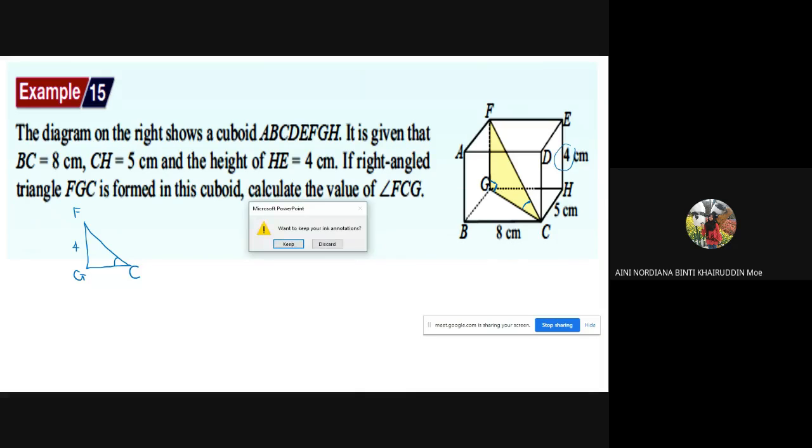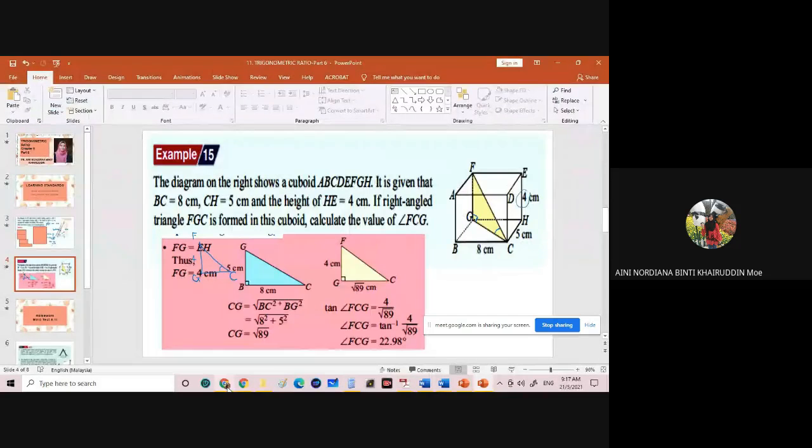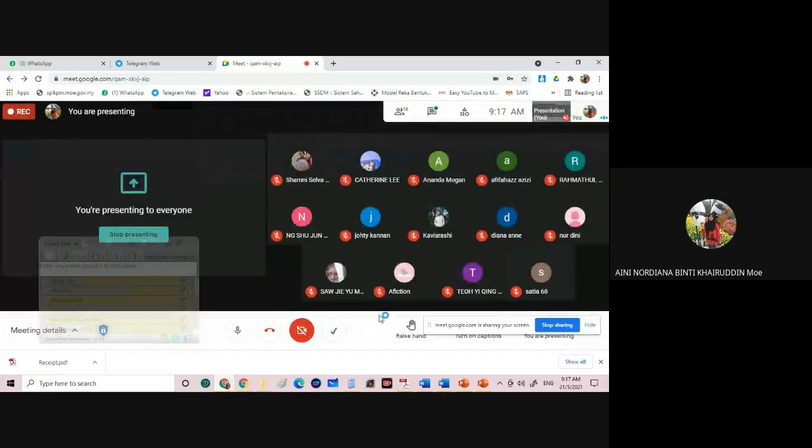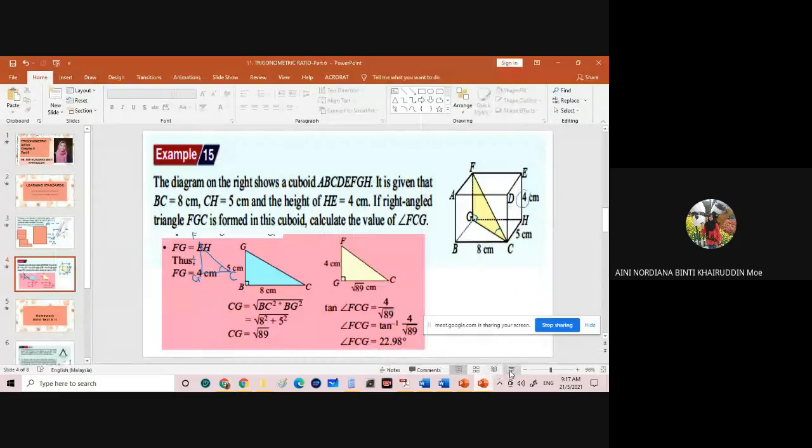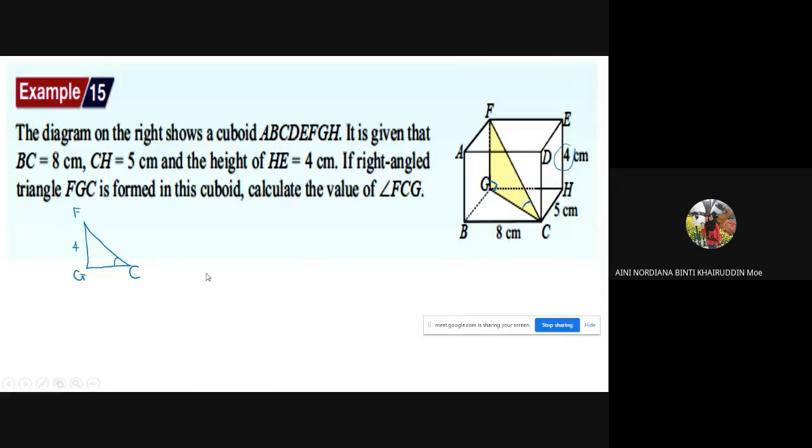Here. So now we need to calculate the distance of GC or FG. So here, calculate this.